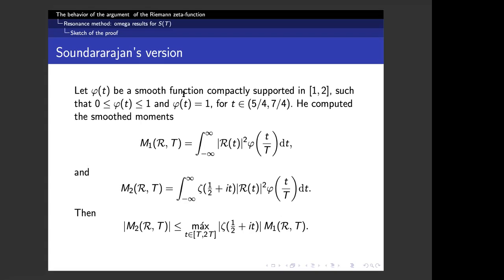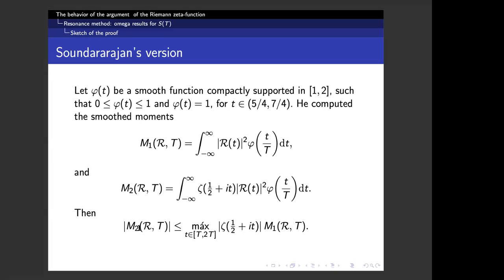We need to remember, in the points 1, 2, this integral is defined from T to 2T. So you take the maximum of this function in this interval and you obtain M1 here. This is the idea of Soundararajan to establish lower bounds for this maximum. So you divide by M1 here.